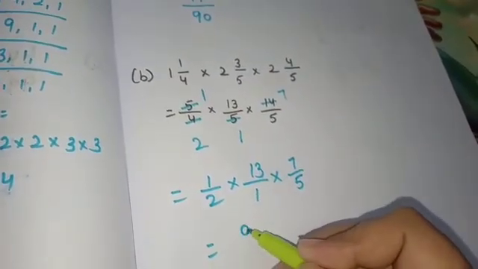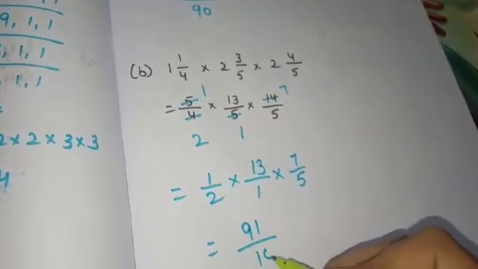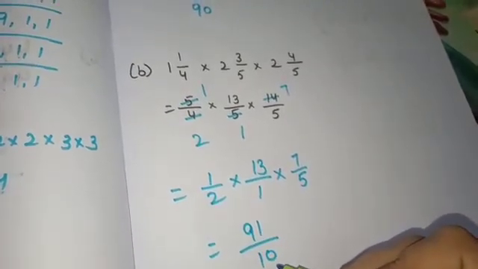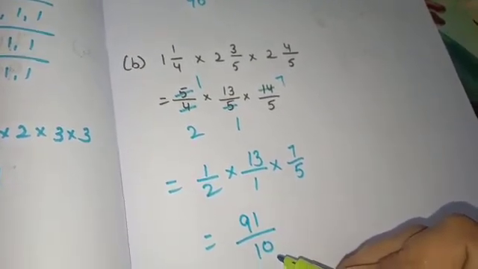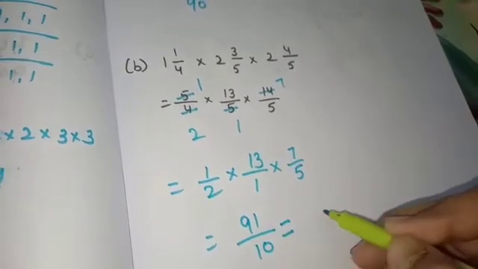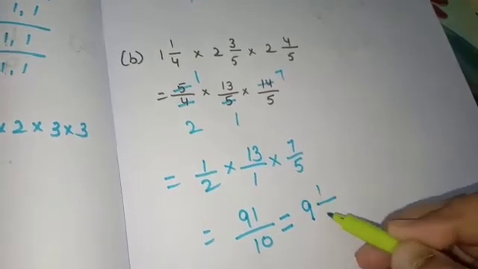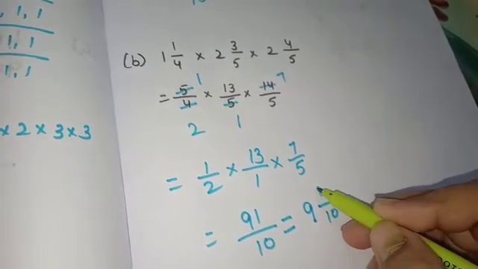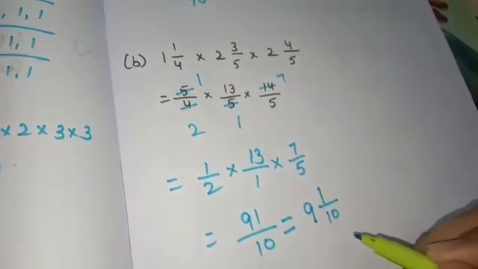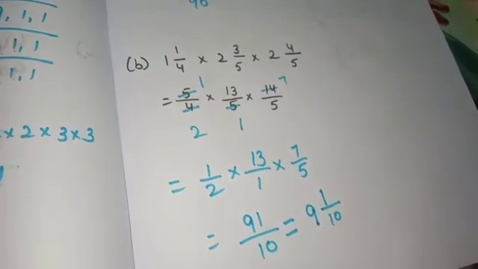It's 13 7s are 91, 2 5s are 10. As the answer is an improper fraction, convert it into a mixed number. 10 9s are 90, 1 will be left, 10 will be the denominator. 9 1 by 10 is the answer of the question.